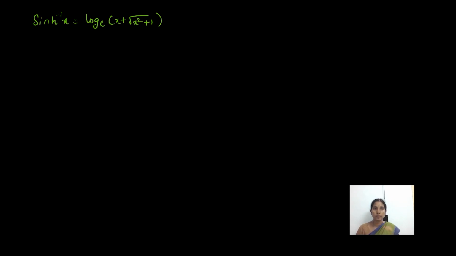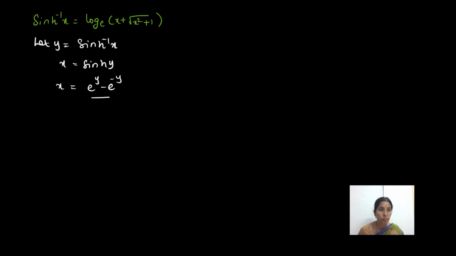Let us now express sinh inverse of x in logarithmic form. First we let y equal to sinh inverse of x. From this, x equals sinh y. Already we know that sinh y equals e power y minus e power minus y, by 2.